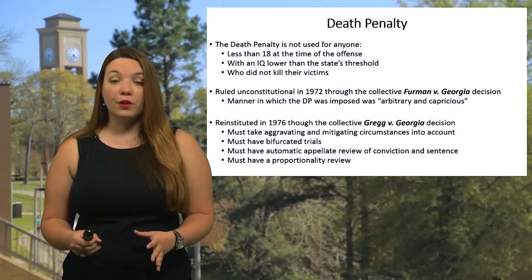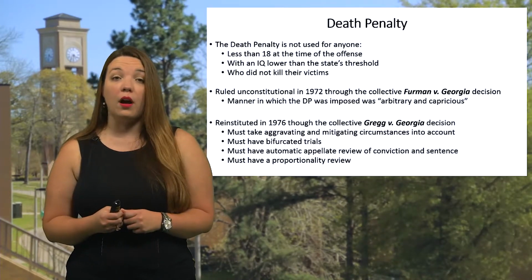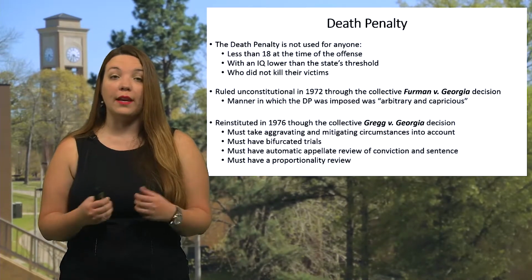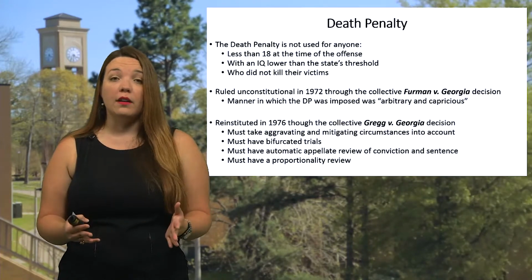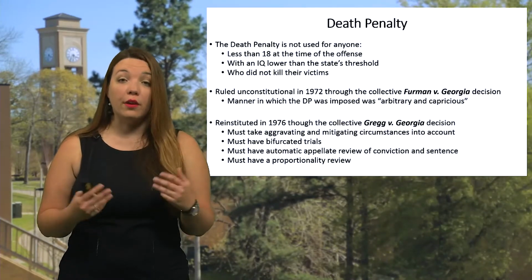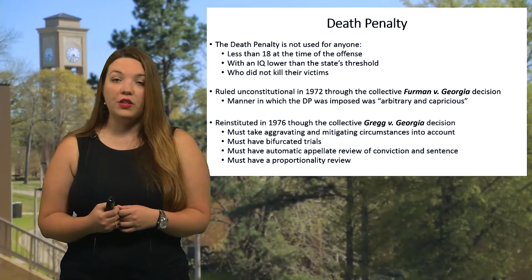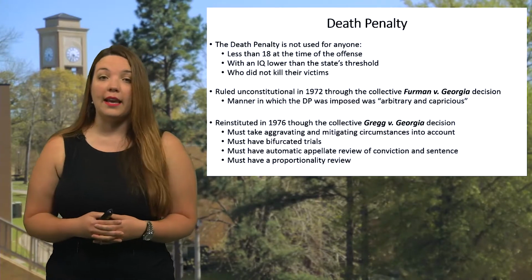So during the moratorium, states started drafting new laws and protocols that would implement the things that the Supreme Court wanted in the Furman ruling. Then the Supreme Court reviewed those safeguards and said, okay, we're good, you can reinstate the death penalty. 4 years later, SCOTUS ruled in Gregg v. Georgia in 1976 that states could start using the death penalty again.